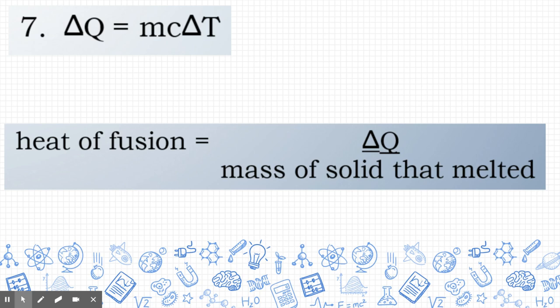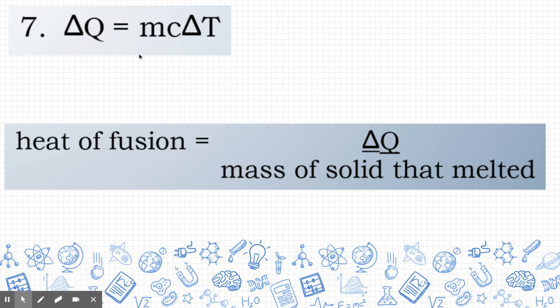So you want to make sure you're using the mass of the water for m, not the mass of the substance that you're melting. For c, we're going to use 4.184 joules per gram times degrees Celsius. And delta T, remember, is going to be your final temperature minus your beginning temperature. Okay, so that is for A.